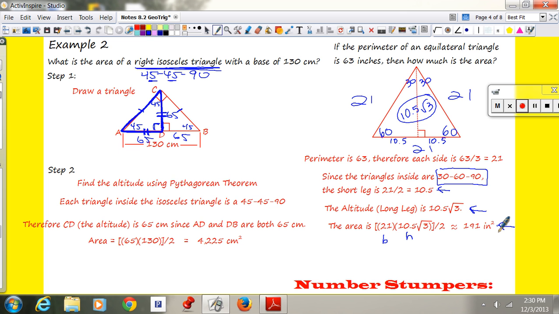So I can take the perimeter of an equilateral triangle and use that information to find the area of that same triangle. Going from perimeter to area, we just needed the sides and the height. Once we got that, we can figure out the area of that equilateral triangle.